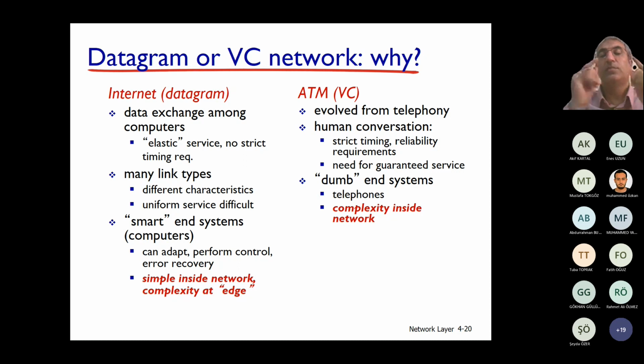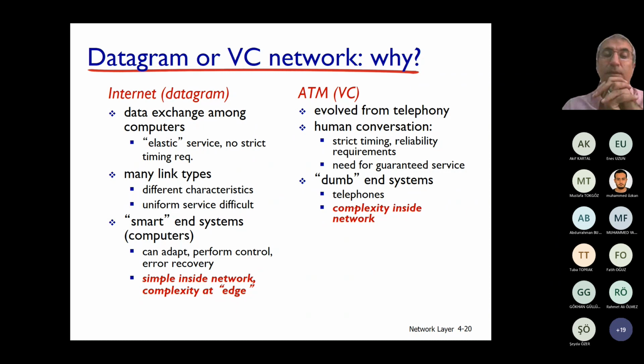And from the source to destination path, we may have different types of links. At your apartment, you may have Ethernet, and then from your apartment to the ISP center, you may have fiber optics, and then from there you may have different types of links.